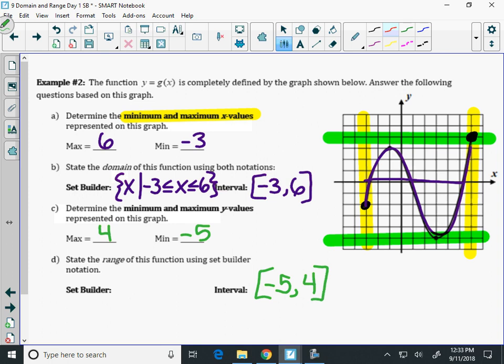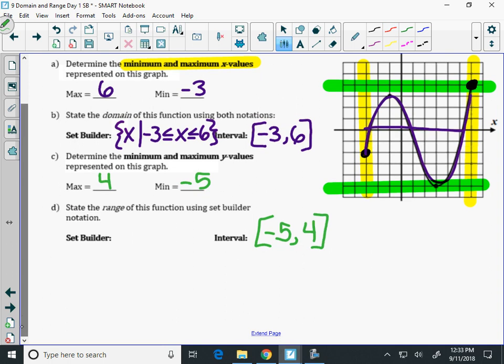Now your set notation is similar to what we did for domain. We have a curly bracket, but this time for range, what letter do I need to put there? Y's. All the y's such that, or where, or when, whatever you want to say, the y's are in between -5 and 4. So what compound inequality will I put in the middle? -5, yep.